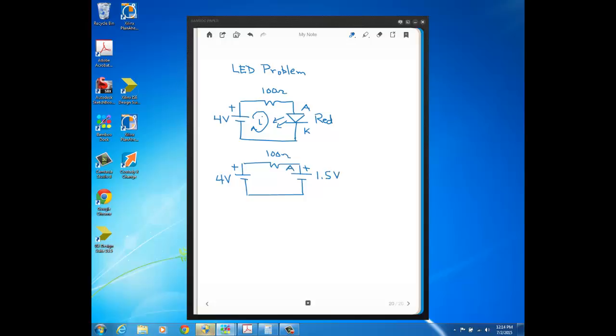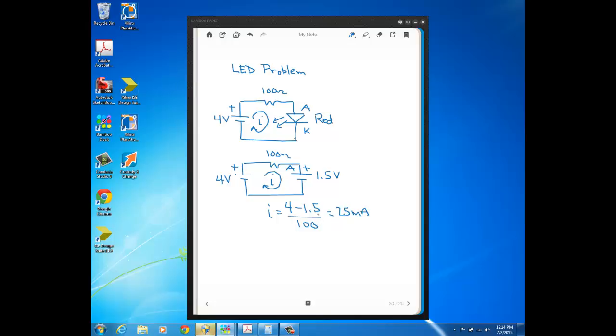Again, this was the anode, so you put the plus side of the source to the anode like we talked about. So the actual current that would flow through this red LED would just be 4 minus 1.5 divided by 100 ohms, and that's going to be 25 milliamps.